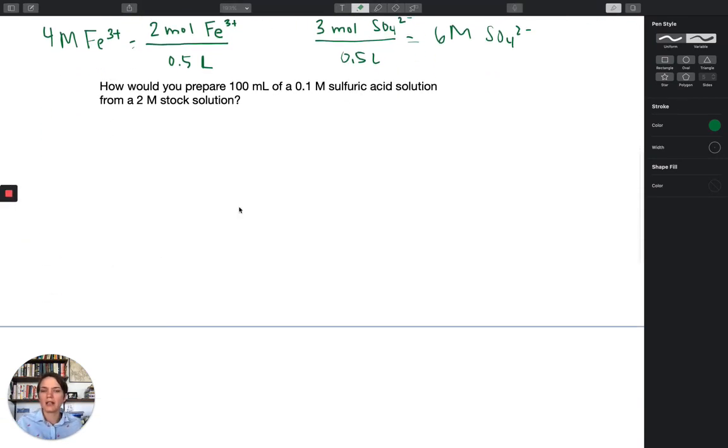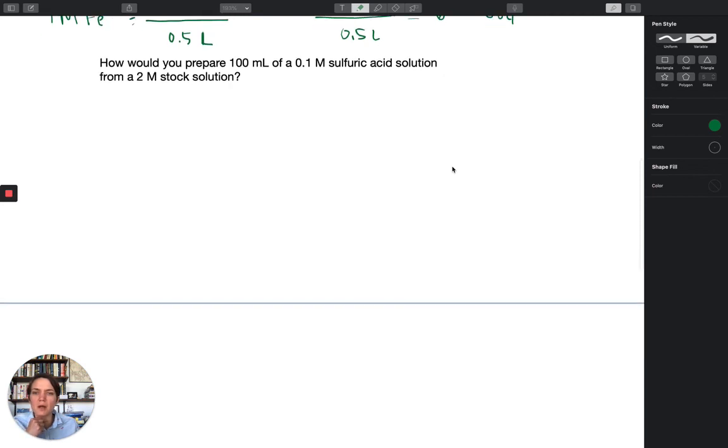Okay, so how do you prepare 100 milliliters of a 0.1 molar sulfuric acid solution from a 2 molar stock solution? A good way to divide these up is to say stock solution versus your needed solution. You're always going to have your molarity and your volume.